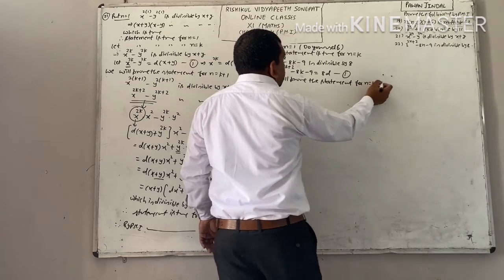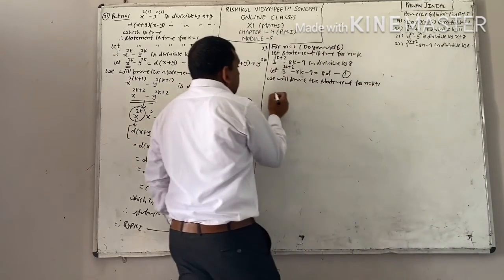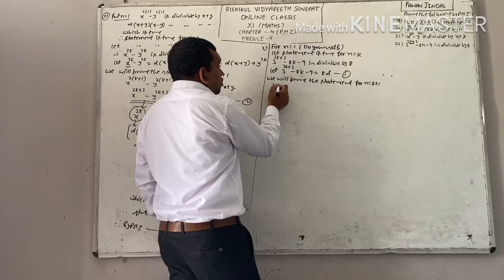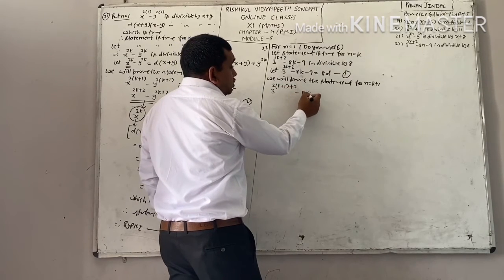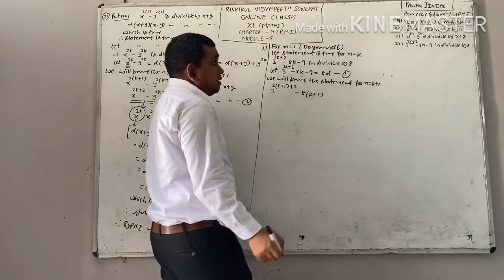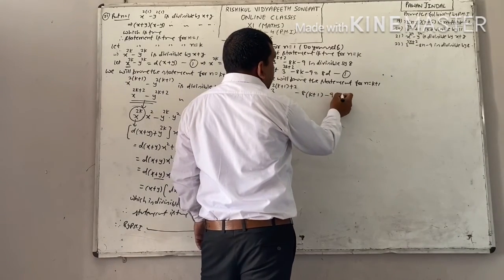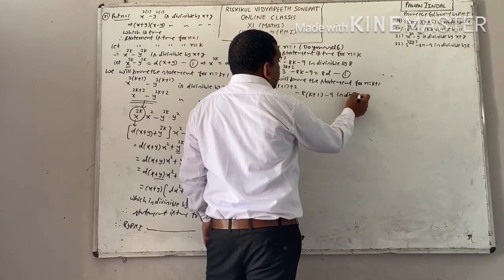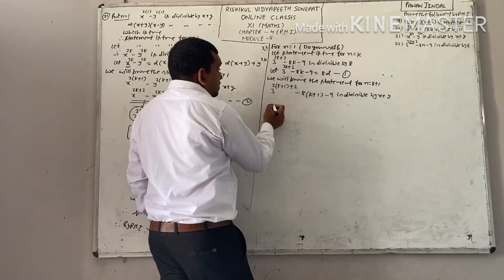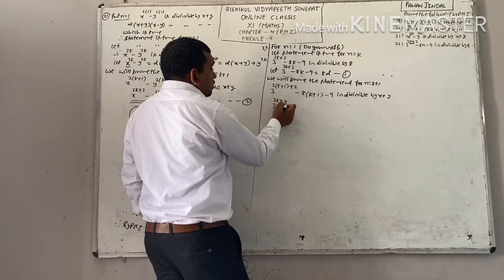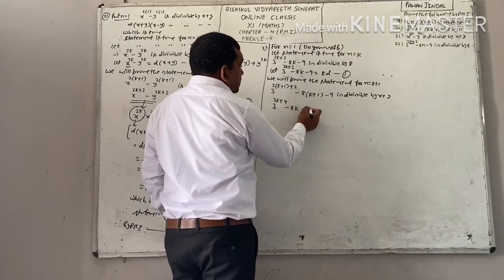Put n equal to k plus 1 here. See what you will get: 3 raised to power 2 into (k plus 1) plus 2, minus 8 into (k plus 1), minus 9. Now simplify. This will become 3 raised to power 2k plus 4 minus 8k minus 8 minus 9.